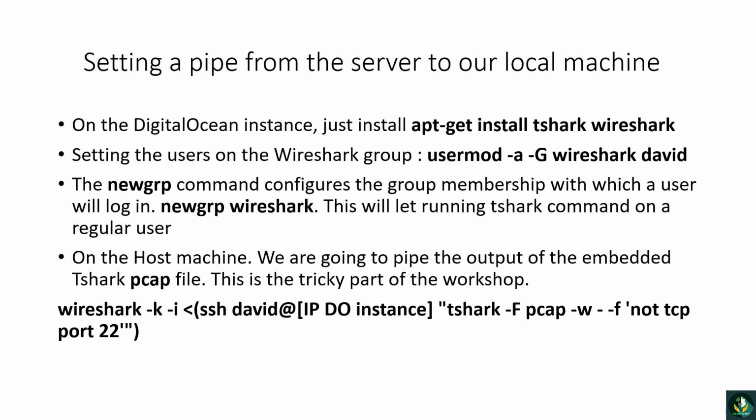Now we are going to set up a pipe from the server to our local machine. So we are going to stream the traffic to the machine over SSH and push it to Wireshark for monitoring. On the DigitalOcean instance, just install Wireshark. As previously told, most Linux distributions have Wireshark pre-installed.